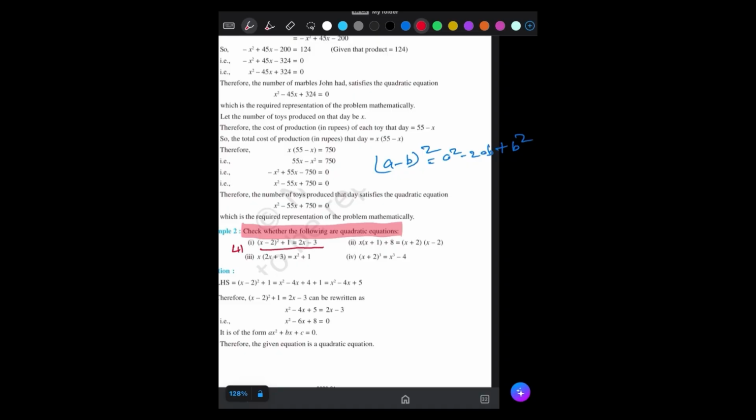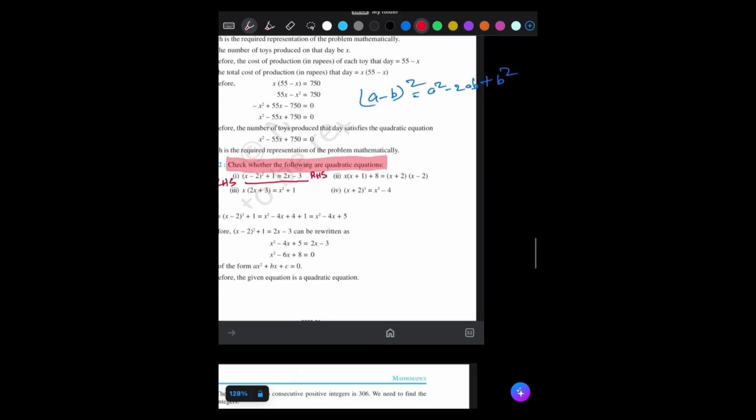We have left hand side, we have right hand side, right? So let's take the left hand side, x minus 2 the whole square plus 1, and this looks like the a minus b the whole square formula, right? a minus b the whole square is equal to a squared minus 2ab plus b squared. What is a here? x. What is b here? 2.